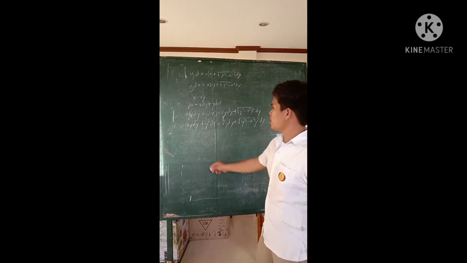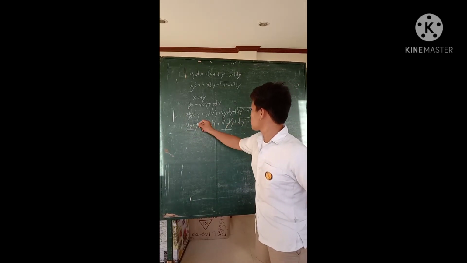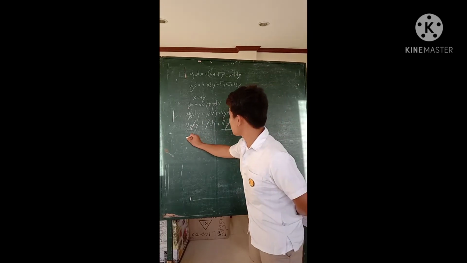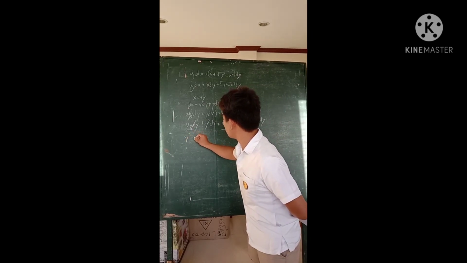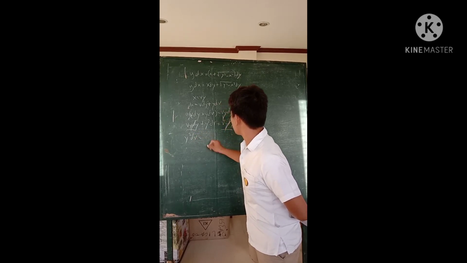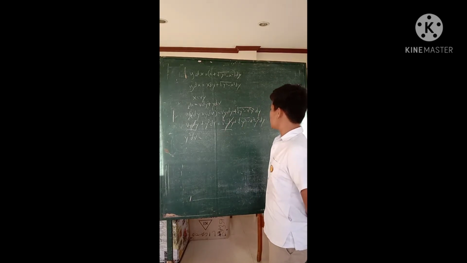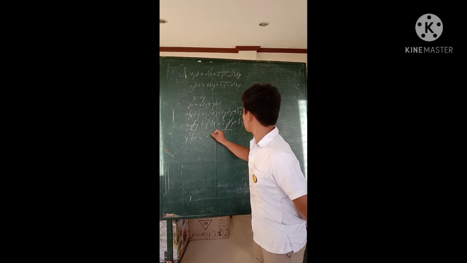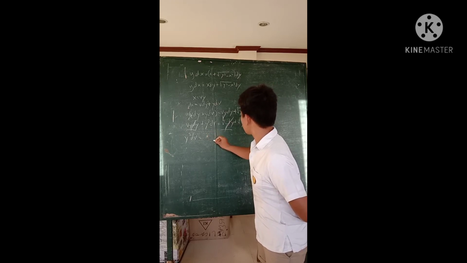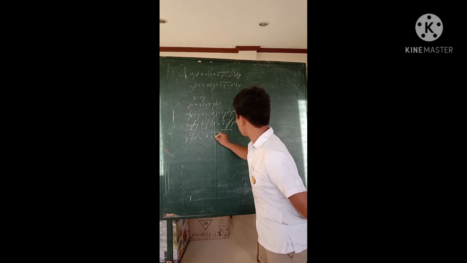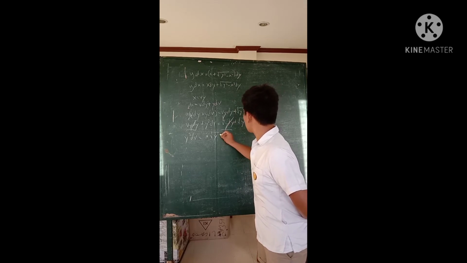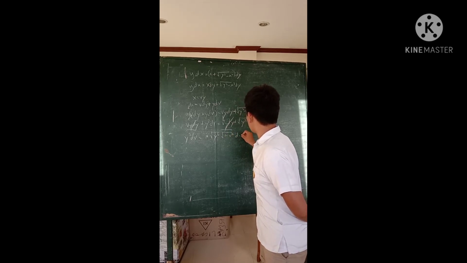Since they are the same, we need to cancel this one. So the remaining is y squared dv equals the factor of y squared minus v squared y squared, which equals y square root of 1 minus v squared dy.